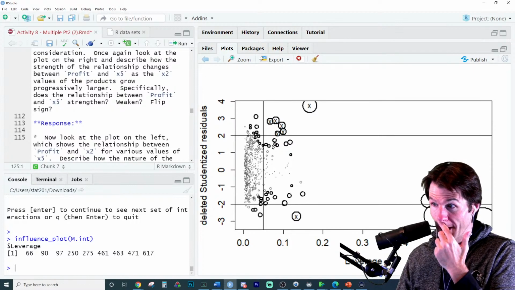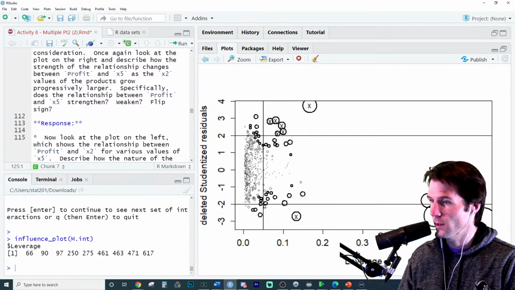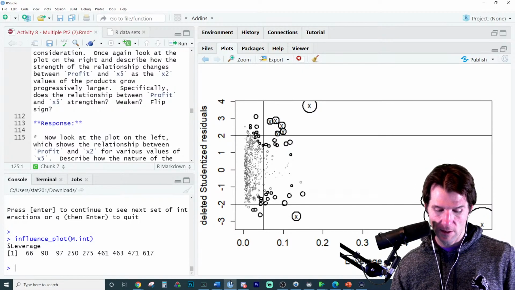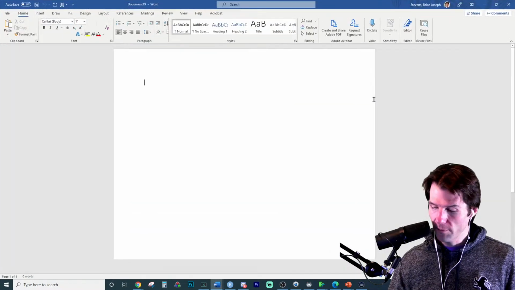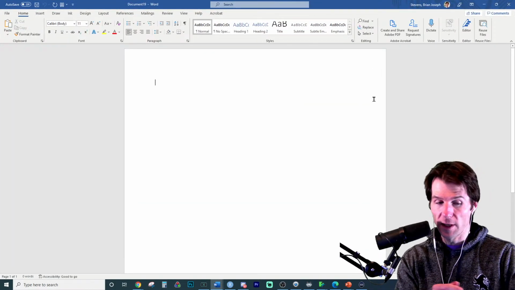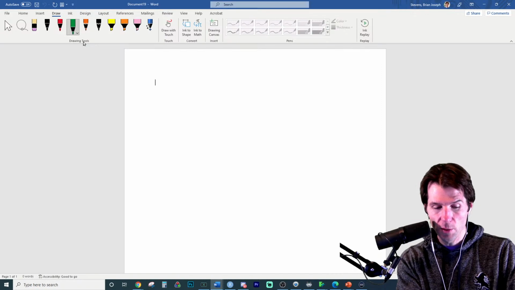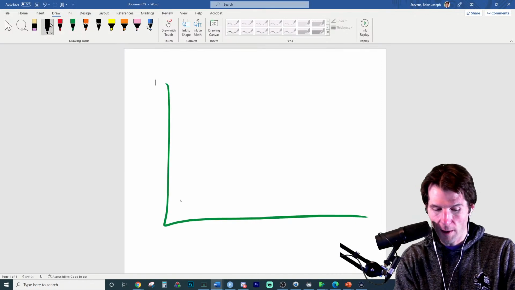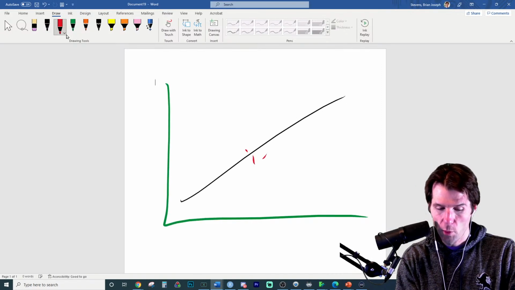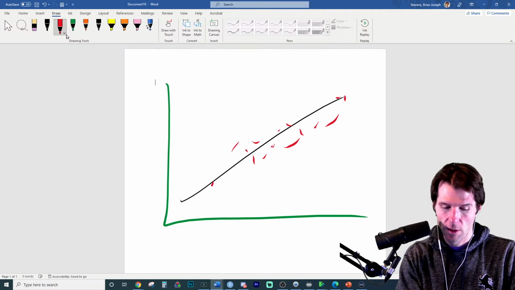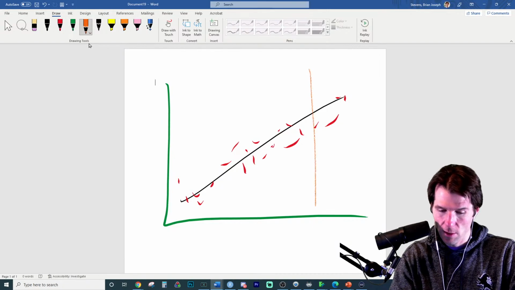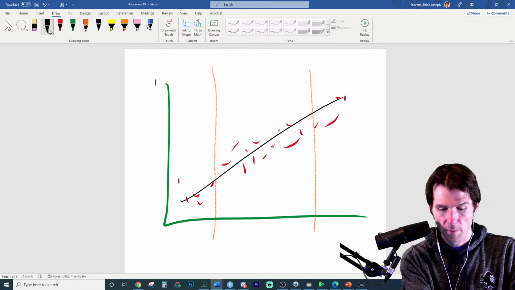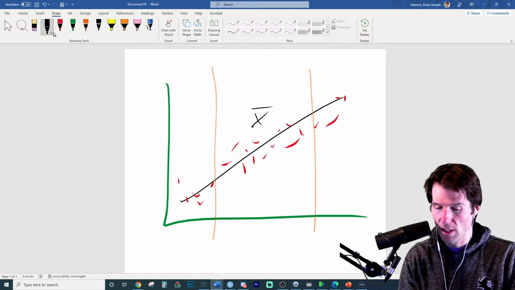Now, this is not like a teeter-totter right here. Sometimes people get a little bit confused because when you're looking at this, if I draw it out right here, let me go draw it really quickly. Leverage is always a matter of degree from the mean of the x's. So if you have a regression model, points that have undue influence would be points that might be beyond here and here, because the mean of the x's is closer to here.